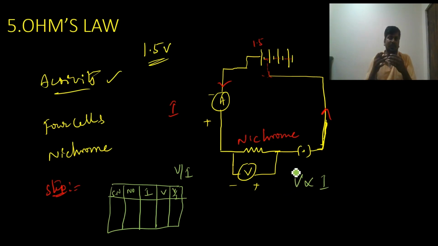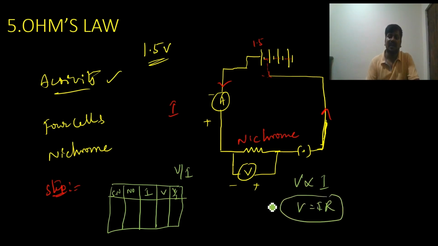So the potential difference across the ends of the given metallic wire is directly proportional to the current flowing through it at constant temperature. That is nothing but Ohm's law. So V is directly proportional to I, V equal to IR. Very important, so make sure that you are learning.